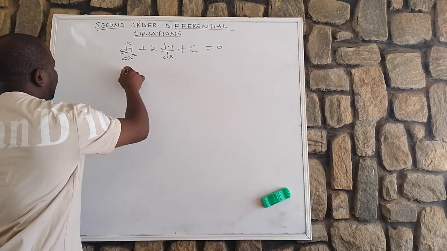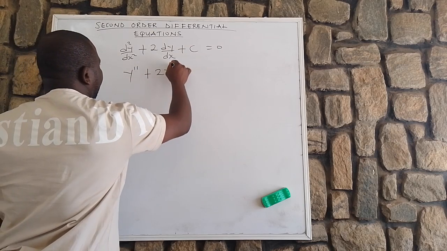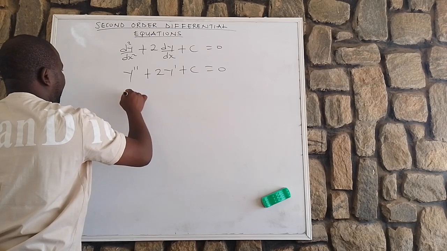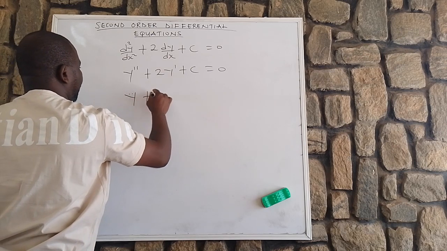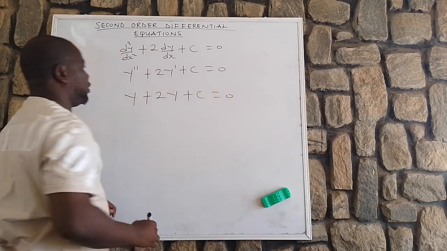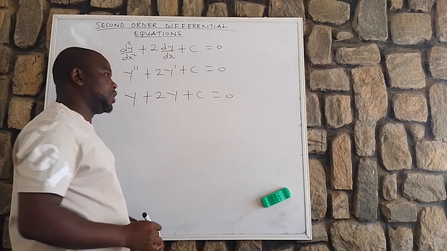You may even see it as y prime prime plus 2y prime plus c equals 0, or y dot dot plus 2y dot plus c equals 0. This is also a second order differential equation.